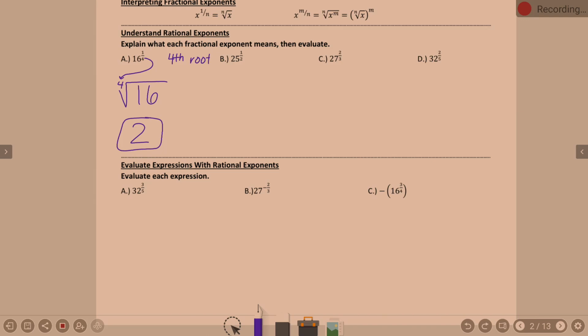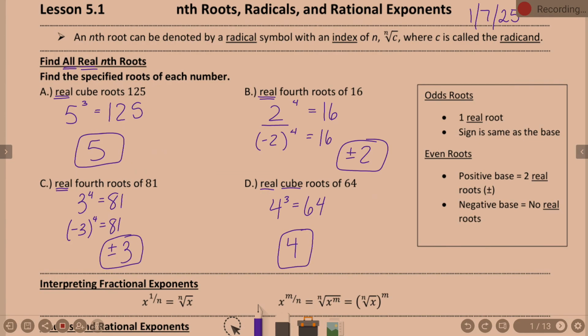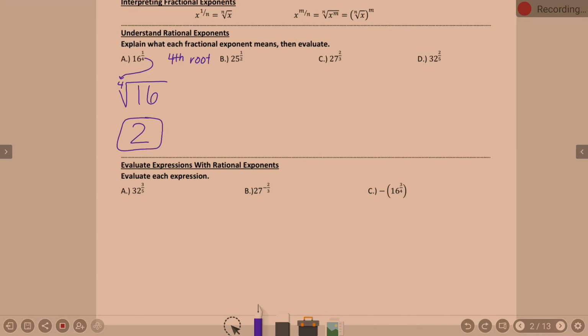Here's the catch, folks. In that top section, it just gave me the number, and it said to find all real roots. All real roots can include plus and minus on your even roots. Now, the understanding in math is, in this case, the radical is provided, and when the radical is provided, they don't want plus or minus.